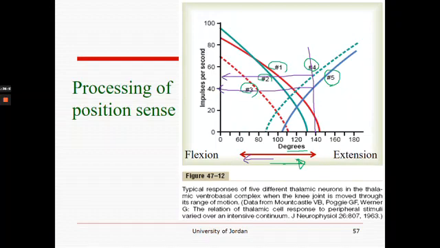If you have this number of impulses at 4 and this number at 5, your system knows that this is 140 degrees of extension. At 180 degrees, you have the same number at 1 and 2, but a different number here.